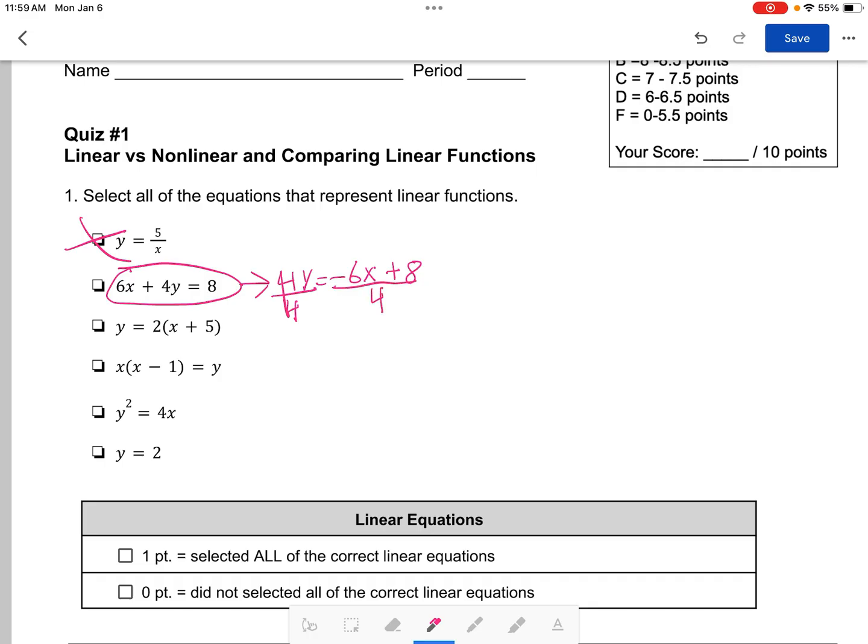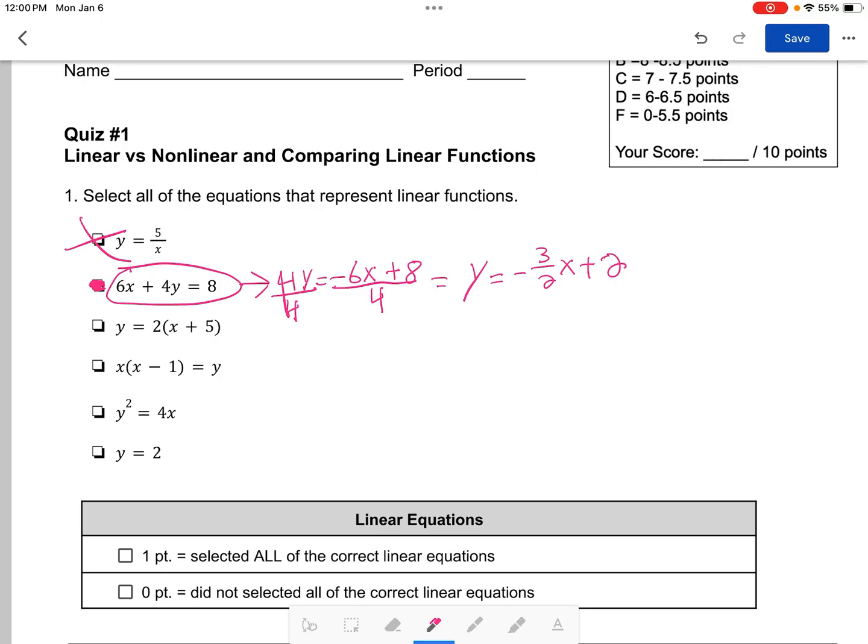So now I have y equals negative 3 over 2x. I just simplified negative 6 over 4. I know that 8 divided by 4 is 2. So I have y equals negative 3 over 2x plus 2 as my final equation. That is indeed linear. So I can go ahead and fill in that second box.